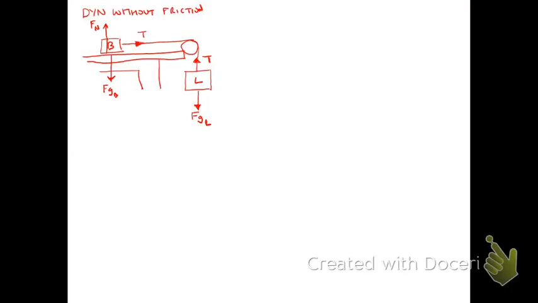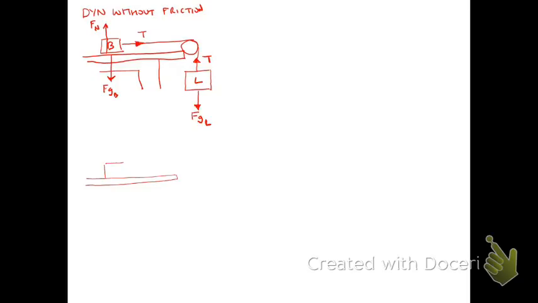So here we're doing a typical problem where we have a smooth table, no frictional force. We have a block connected using a piece of string to a load, and we want to do some analysis on it. To do a proper question, we actually have to have some numbers.